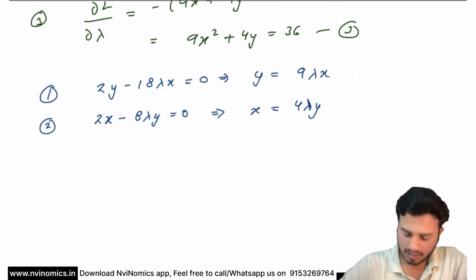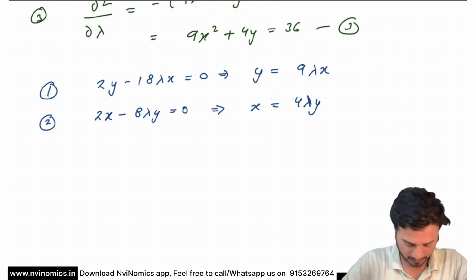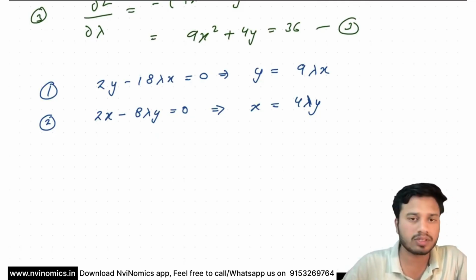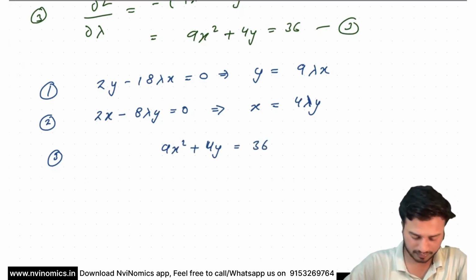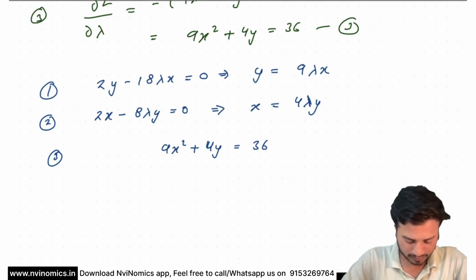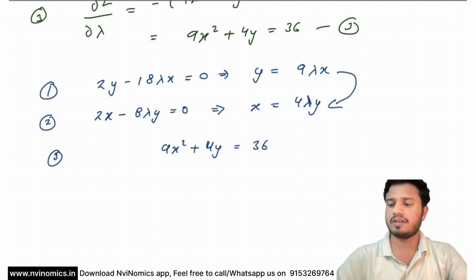Now we can put these two into the third and then solve it. From the third equation, we have 9x square plus 4y square equals to 36. Or you can just replace y here, it will be easy.